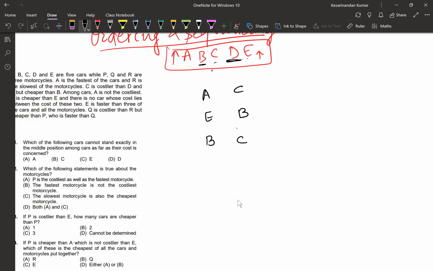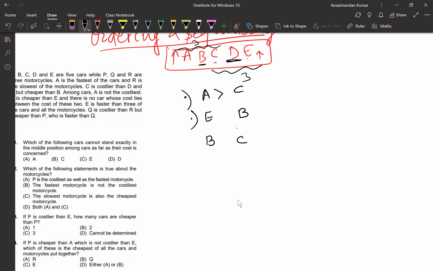Shorter than C, how many? 3. Taller than D, how many? 3. You will be given such statements. Generally, whenever you're given such statements, you will, like we used to do in the previous class, just make out the hints. So we can say A is greater than C in terms of height.